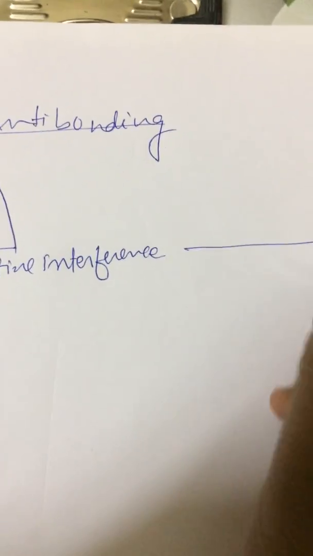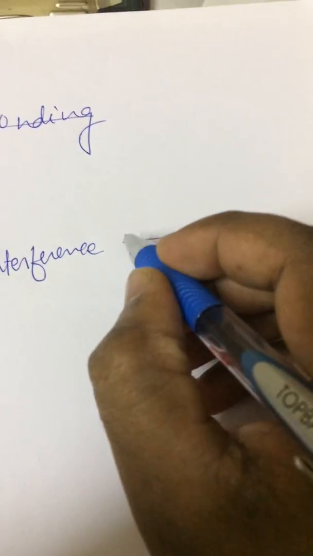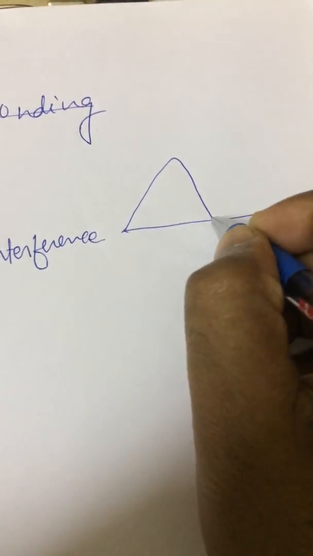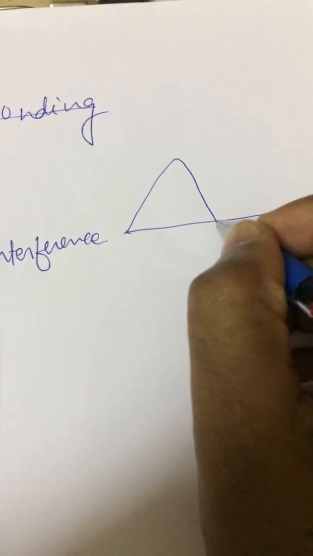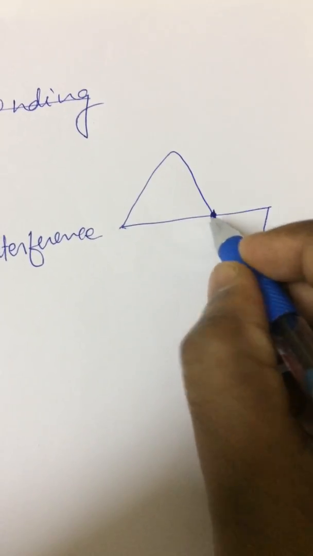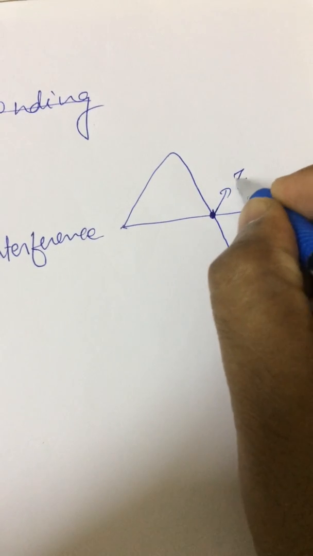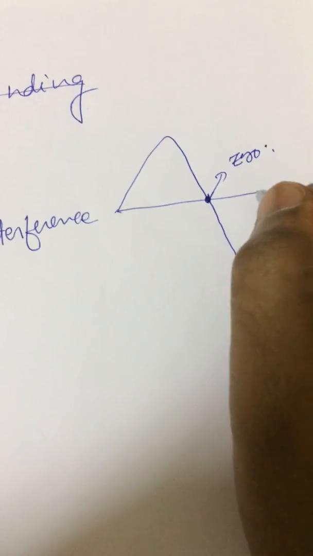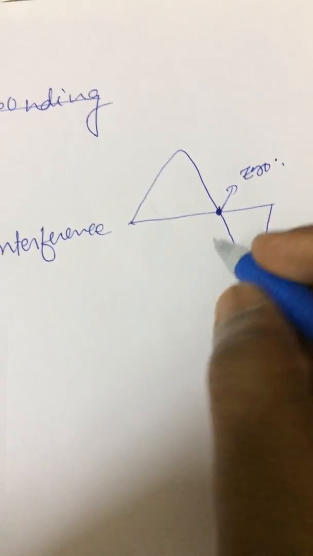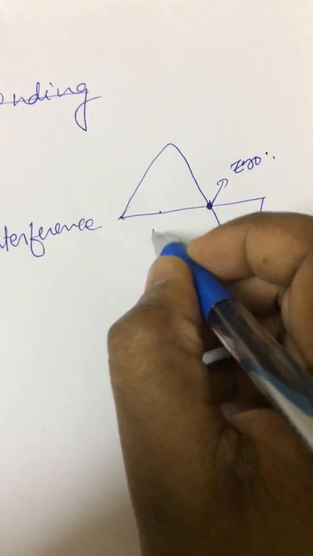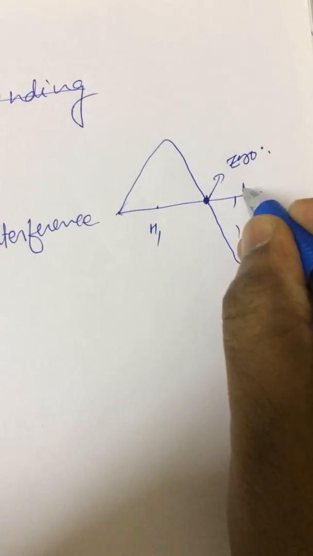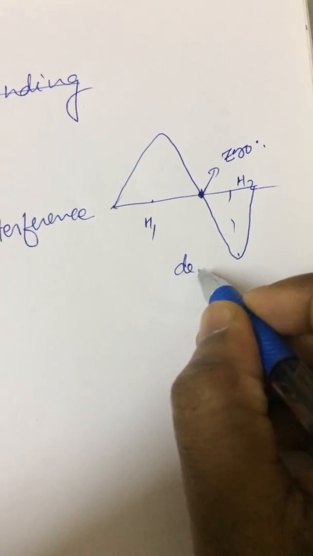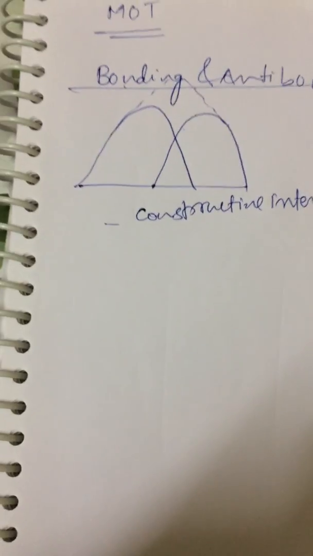But for antibonding, one node will come. Here at this node there is zero possibility of electron density. This comes due to destructive interference. So these are the basic things, bonding and antibonding.